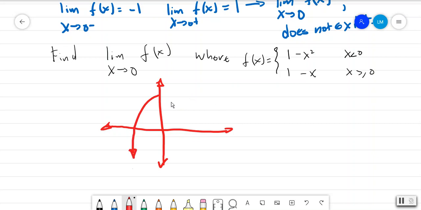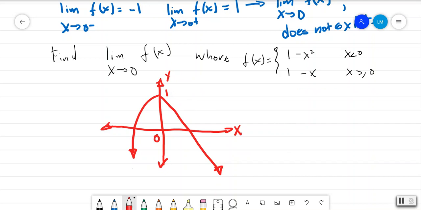But then it's also linear for when x is greater than 0. So the line looks something like this. Looking at this, this is 0, this is the x-axis, and that's the y-axis. Right here is 1.